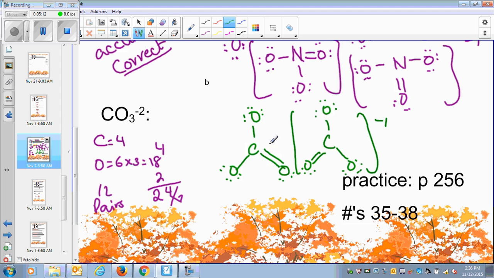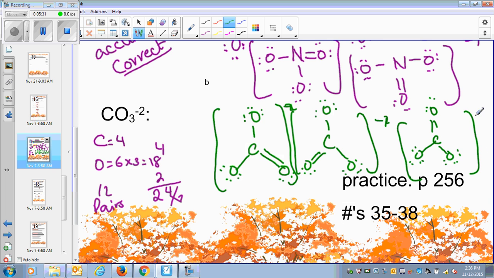This is one, this is two, and then there is another one, with a double bond on this side and single bonds on this side. So there are three resonance structures of carbonate.